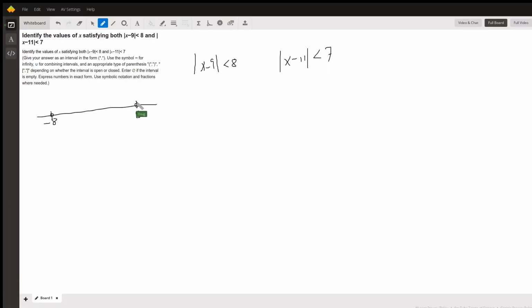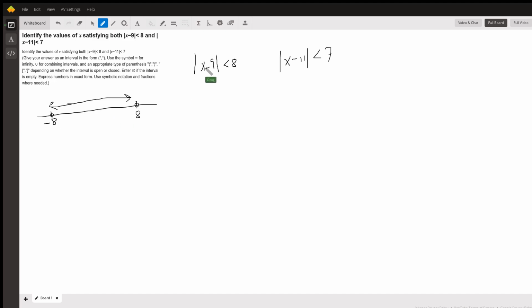Well, the idea is that if a number has an absolute value that's less than 8, it has to be in this interval right here. Okay, because if we go to the right of 8, like 9, the absolute value will be greater than 8. Even if we put an 8 in, the absolute value of 8 is equal to 8, not less than 8.